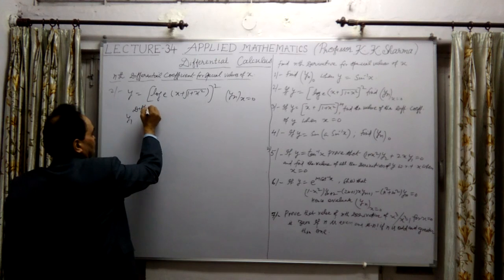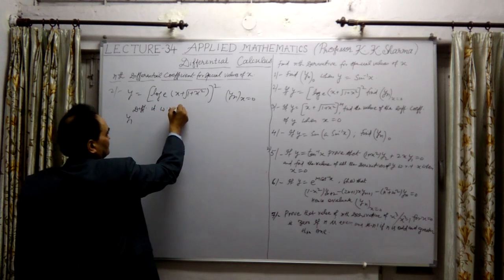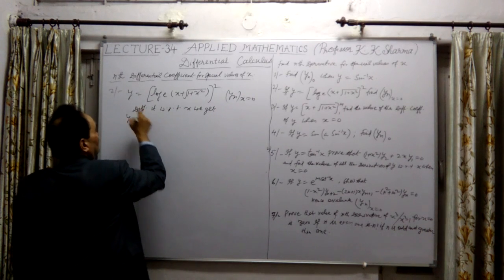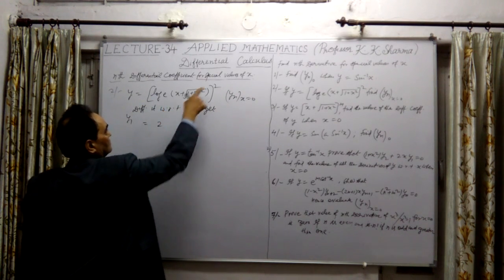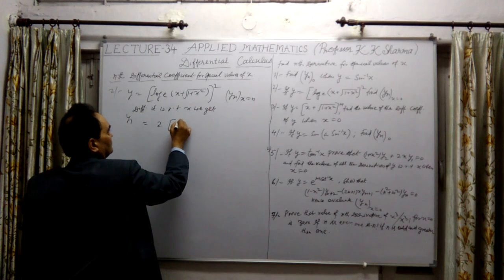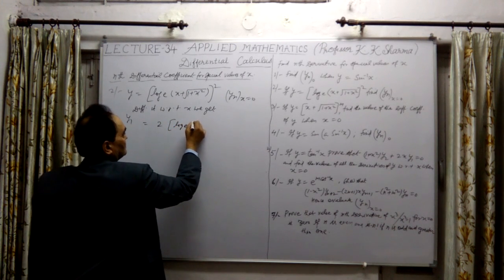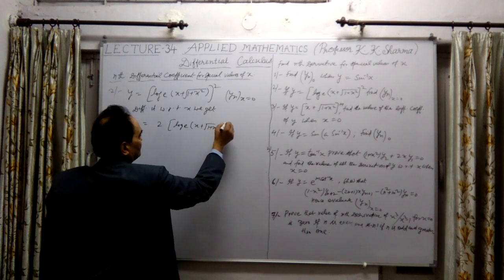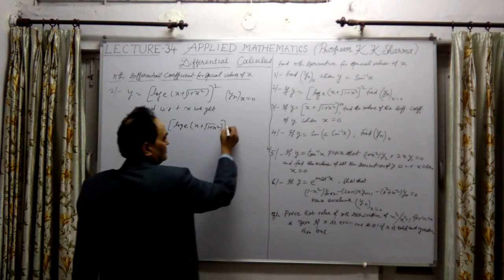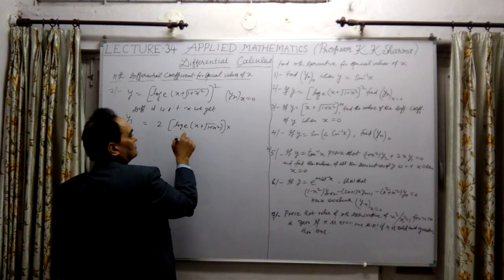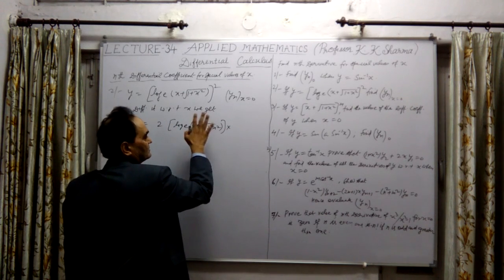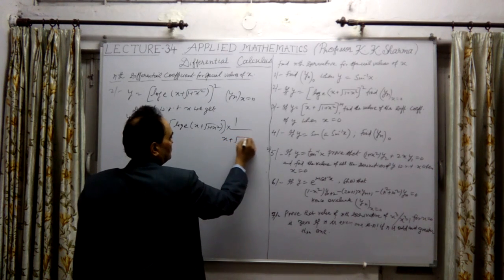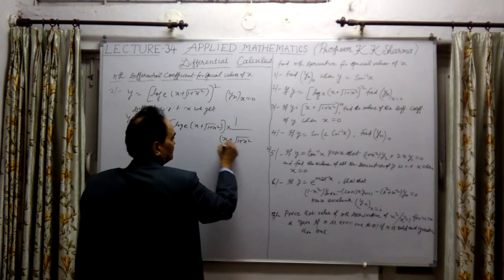So let me differentiate this. Differentiating it with respect to x, we get y1 is equal to, this is power 2, so 2 will come before, this is log of e, within bracket x plus under root 1 plus x square, whole nothing, now into derivation of log of x, that means 1 upon the same whole value, x plus under root 1 plus x square.